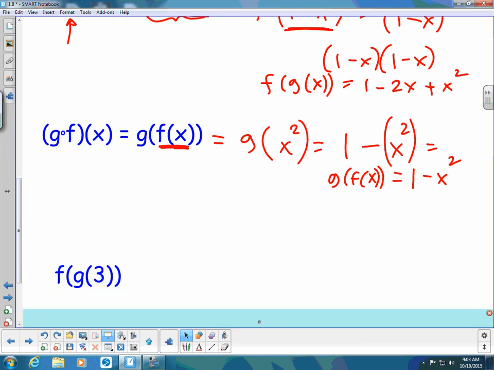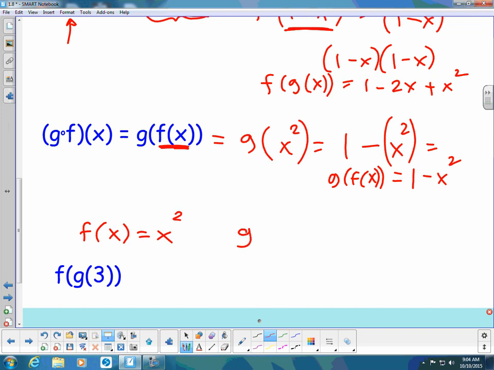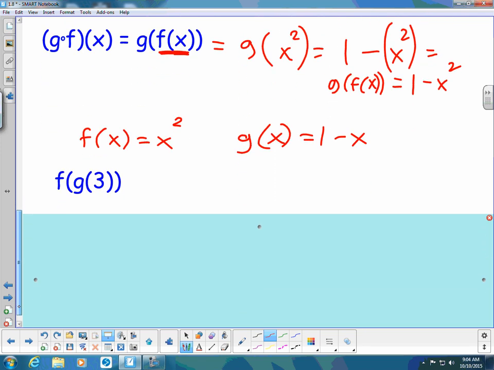Let's look at some examples with actual numbers. If f of x equals x squared and g of x equals 1 minus x, what is the value of f of g of 3? We have to evaluate g of 3 first.